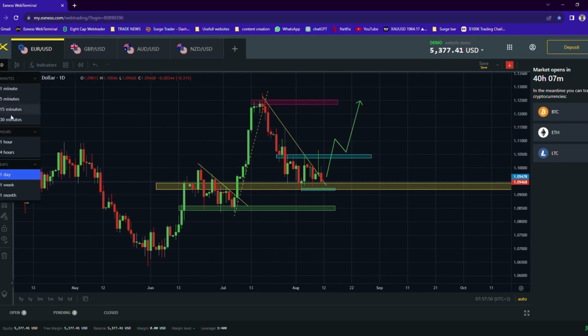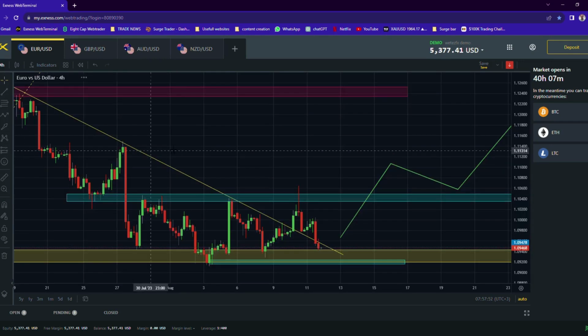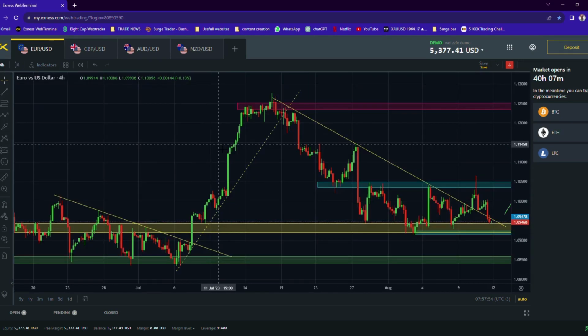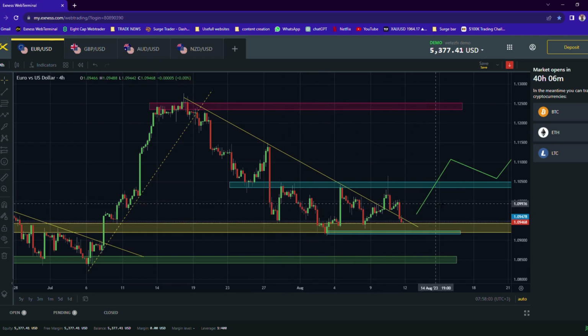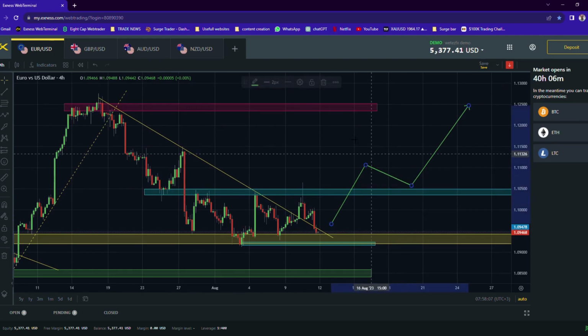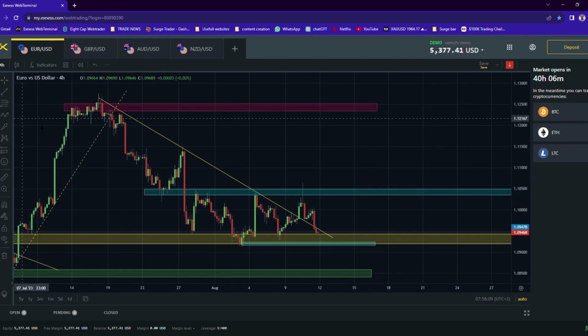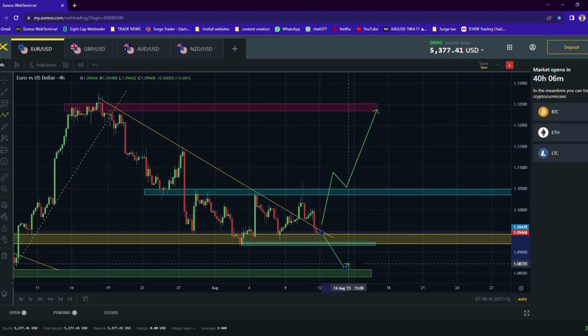So if we jump into the 4-hour time frame to see exactly how the market looks, this is where we are right now. The market is trying to create a range, so the price is being distributed. Now we are waiting for a break of either side. As you can see, we can always expect a move to the upward side, and we can always expect a break to the downward side.